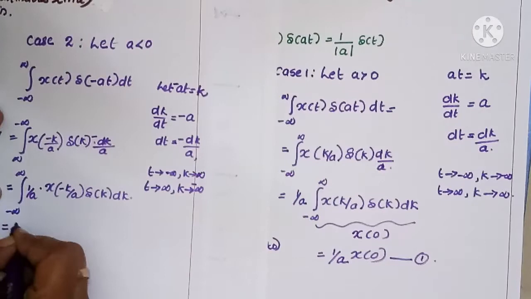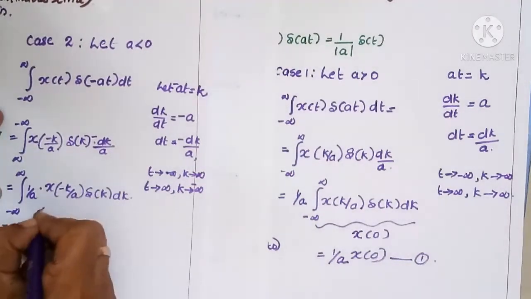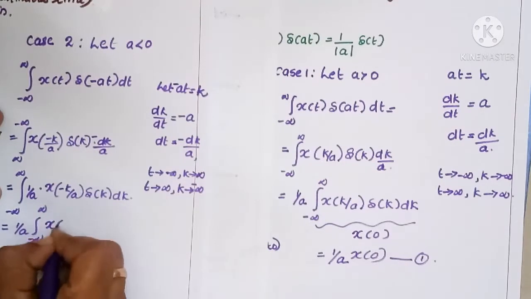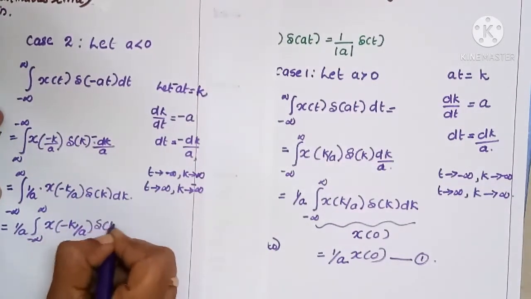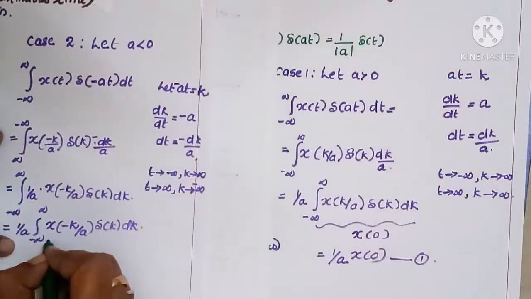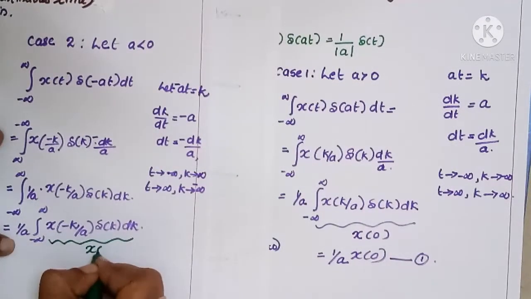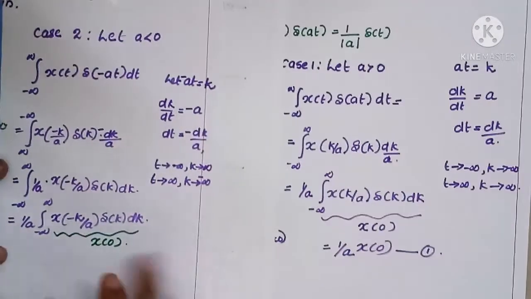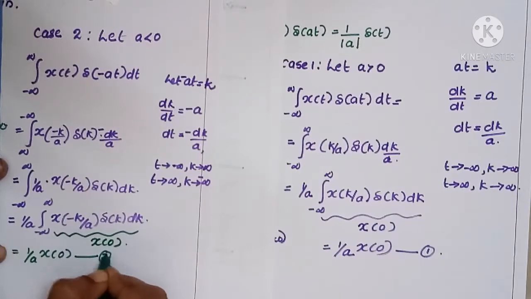It can also be written as 1 by a integral from minus infinity to infinity x of minus k by a del of k dk. Apply the first property. What is the value? It can be written as x of 0. So it can be written as 1 by a into x of 0. So this is equation number 2.